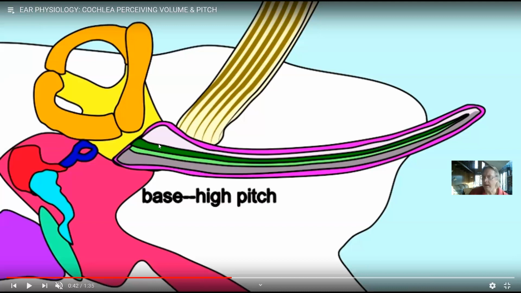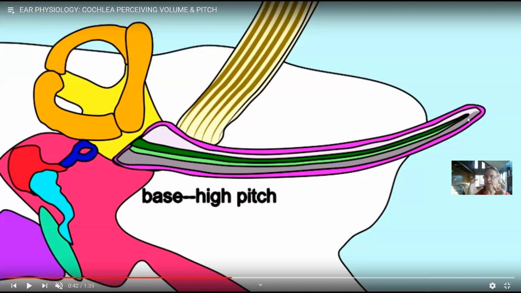So when I hear a sound, okay, and it's now causing vibrations which displace here, low pitch sounds just don't have as much energy to them, okay? And so therefore, they do not have the energy to displace this area because it's thicker. They can only displace this area where it's thinner, all right?